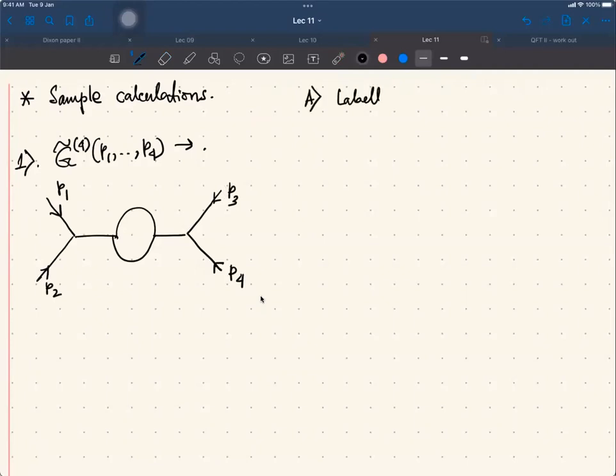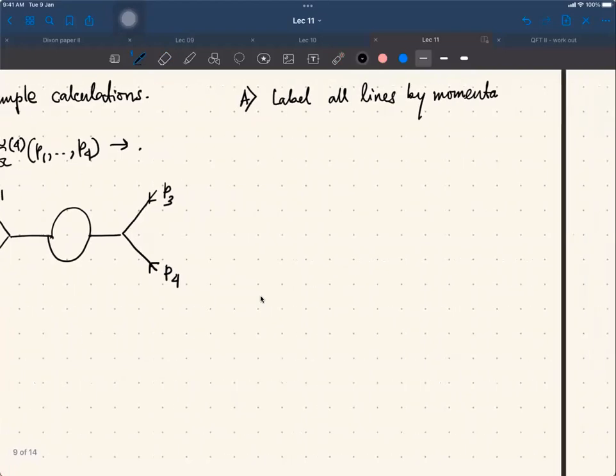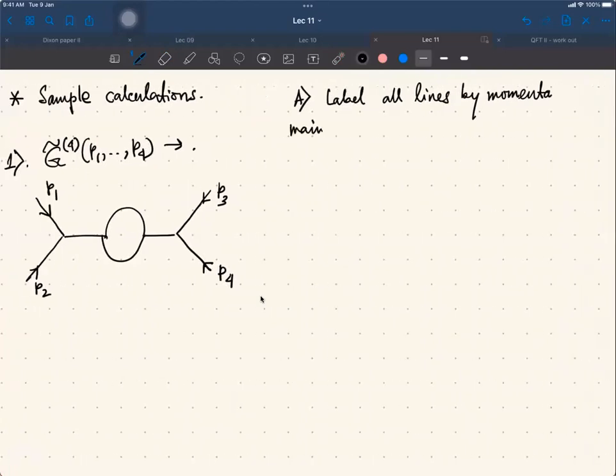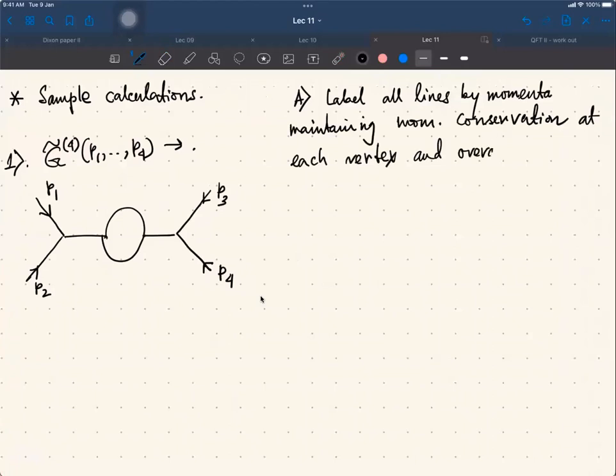Label all lines by momenta, maintaining momentum conservation at each vertex and the overall momentum conservation.